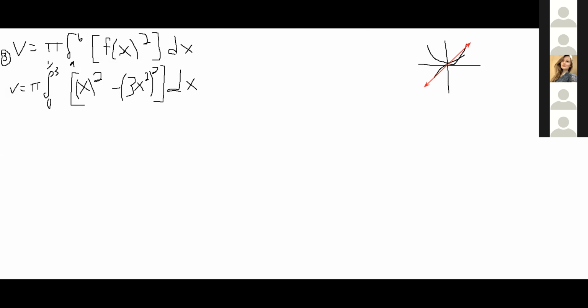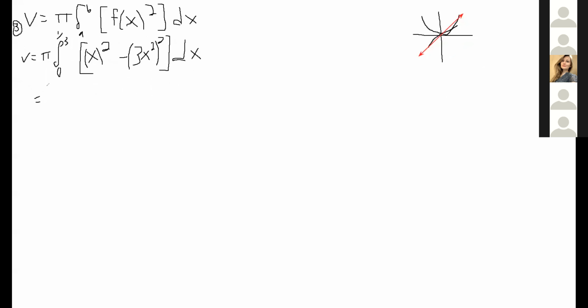So you would have equals pi times 1/3 x cubed minus, that would be x to the 4th. So you would have 3. This is getting ugly. x to the 5th. Don't forget to square the 3.